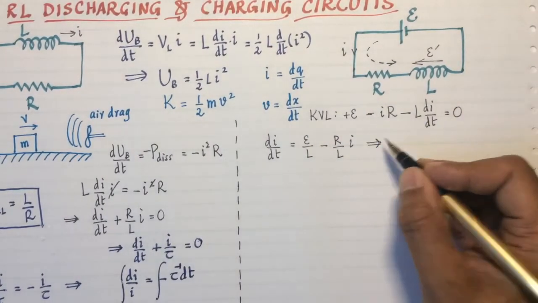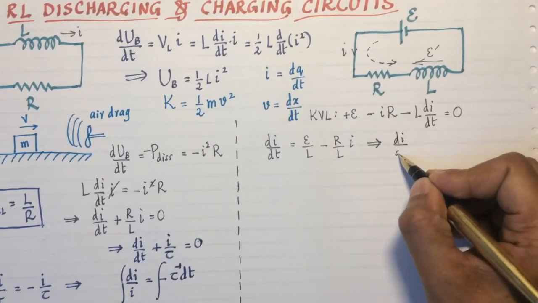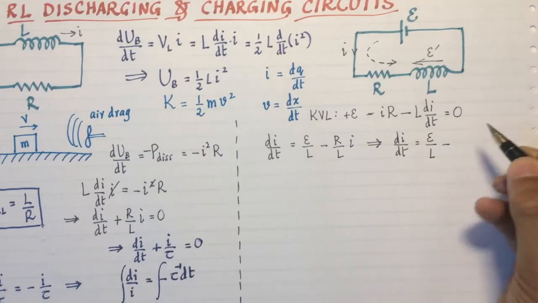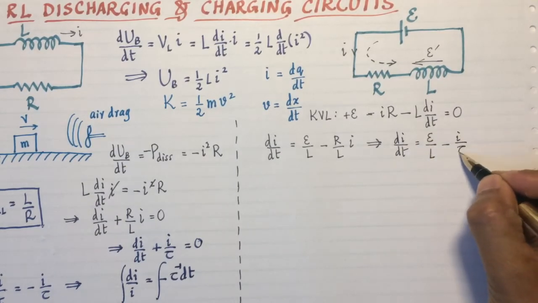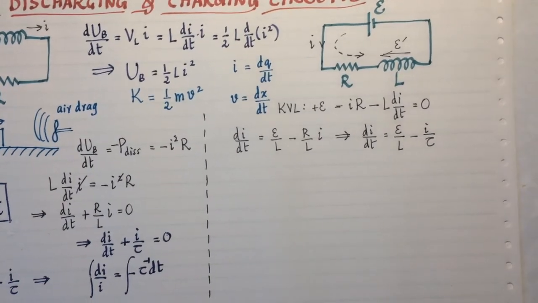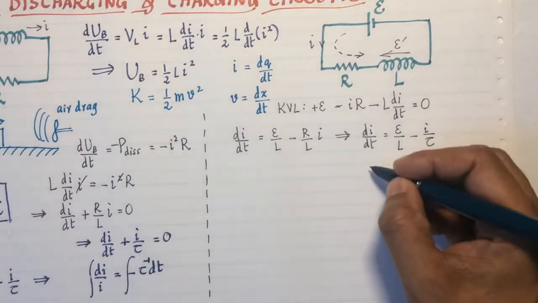So we're back to the same thing. Di by dt equals E over L minus I over tau. When you try to separate the variables, you're not going to have an easy time like this one. So you're going to have to separate the whole thing. So let me do this off to the side.